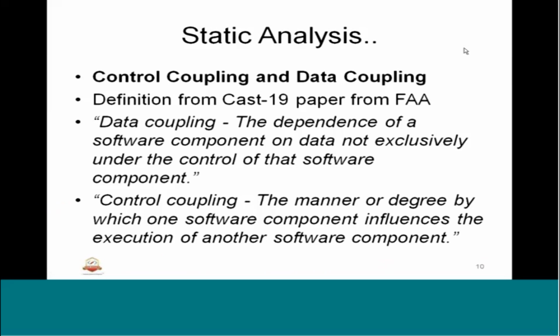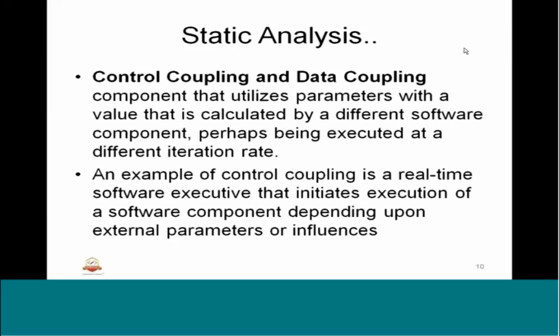Okay. The next one is continuation of static analysis, data coupling example. An example of data coupling is a software component that utilizes parameters with a value that is calculated by a different software component, perhaps being executed at a different iteration rate. Very interesting thing.